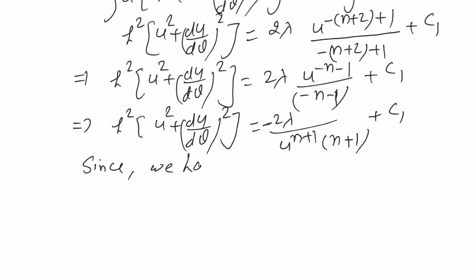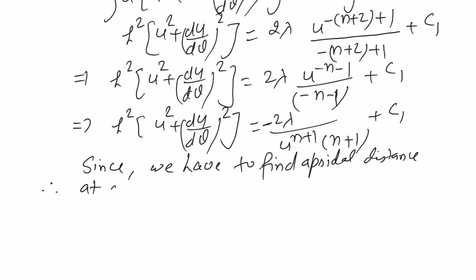Since we have to find the apsidal distance, we know that the apsidal distance is the distance between the center of force and the apse. Therefore at the apse we know du/dθ is equal to 0.